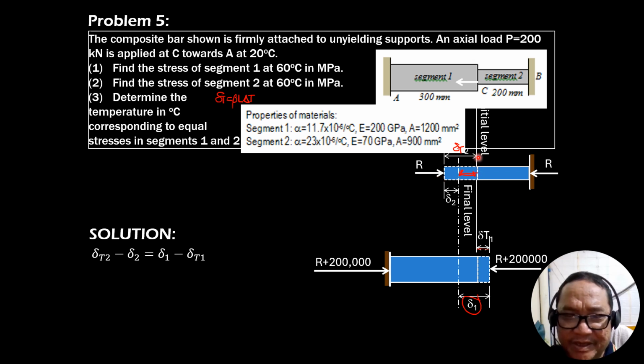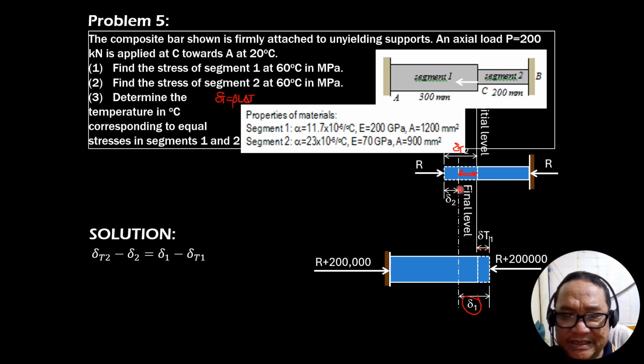It will expand first freely as if there is no segment 1 there, and it will go back partially to this level, not beyond this of course, because this is the reaction, which is equal to R. It is prevented from continuing to elongate because of the presence of segment 1, so it will go back to that level.